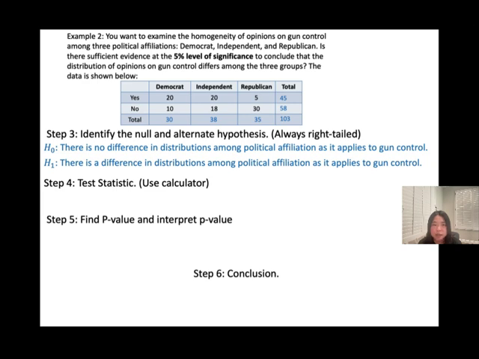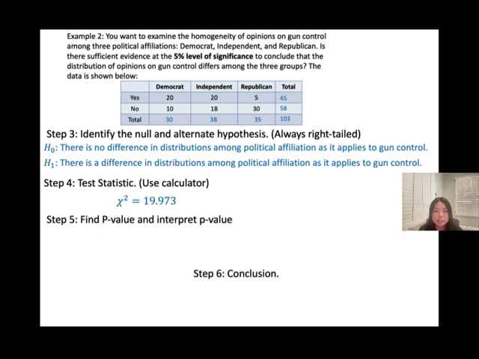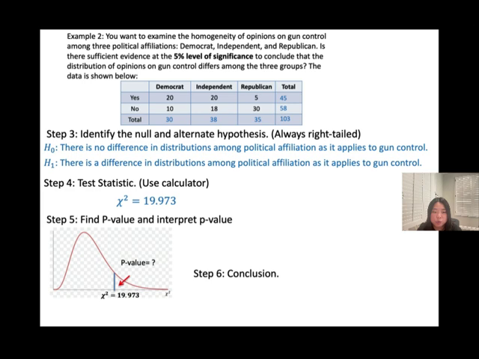Okay, test statistic. I want you guys to try to use your calculator. You should get 19.973. Okay, so chi-square distribution is skewed to the right. P-value will be the area of the right tail.